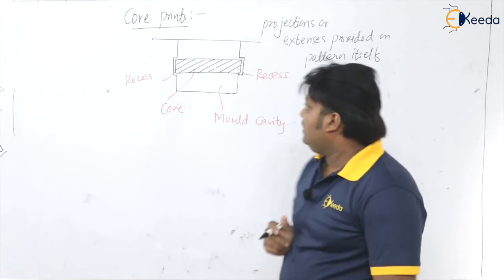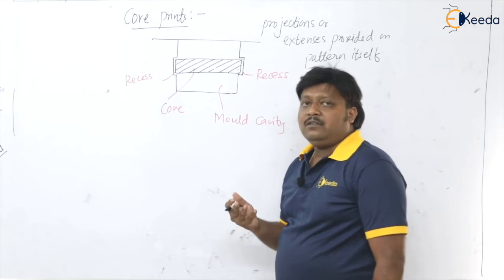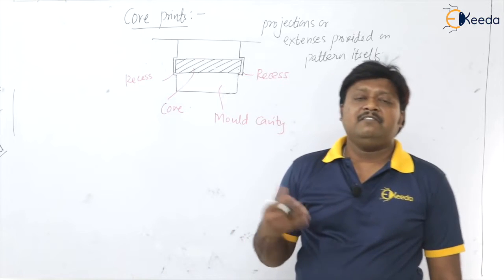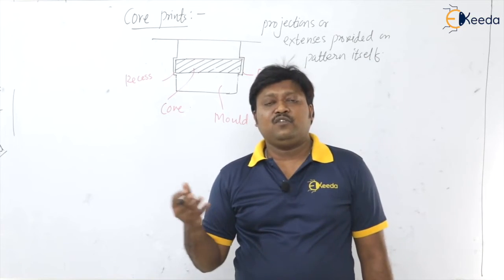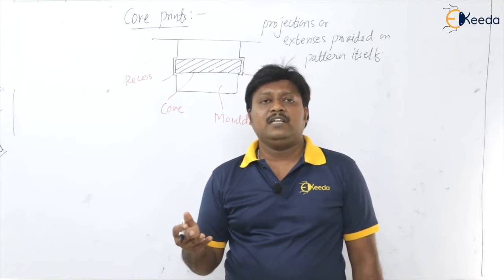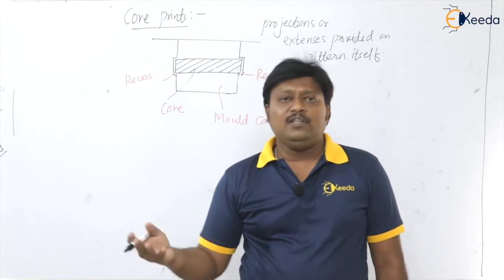Now generally, the cores are made up of dry sand. As you know, whenever we are doing castings for cast iron or steel, the heavier elements, the density of the core is lesser than the density of the molten material.